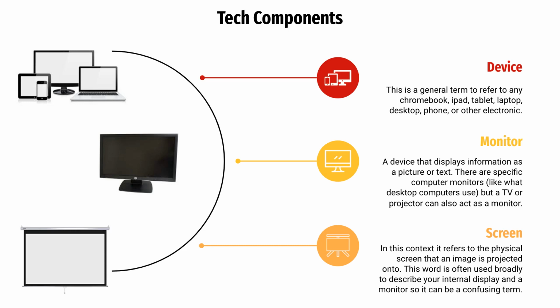So you can have this be on the wall in a classroom, or it can be a wall, it could be a sheet, it can be an actual formal screen, it can be a lot of different things. This term can be confusing because people often use it also for the internal display within your computer and what you actually see on the screen of your device. But a screen is anywhere that an image is being projected.